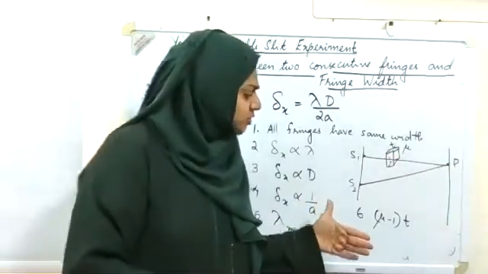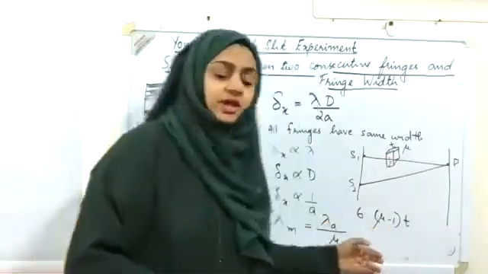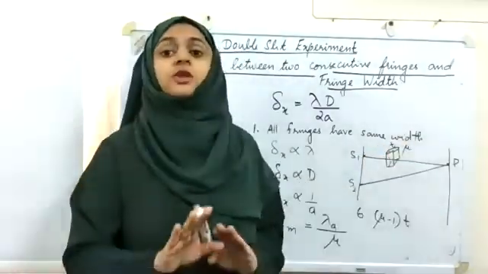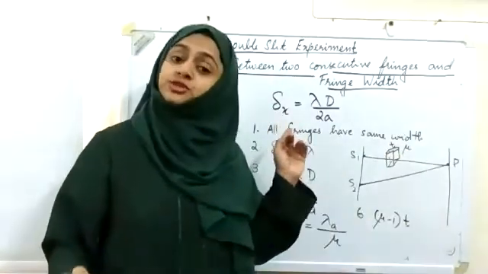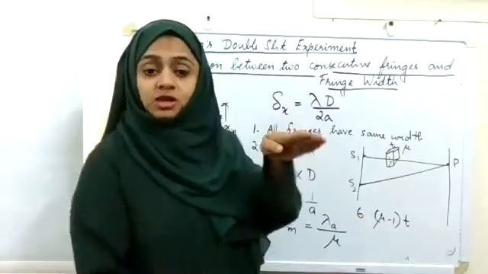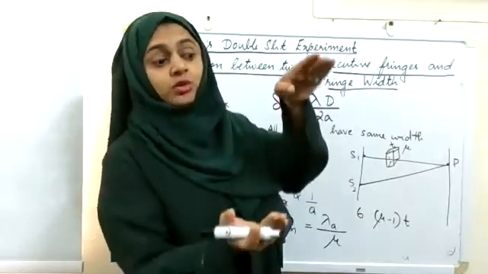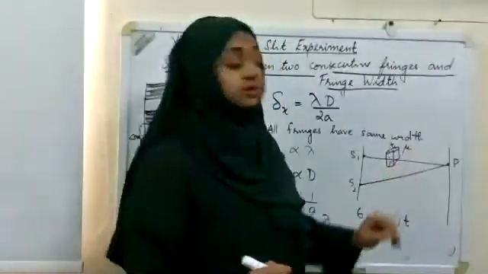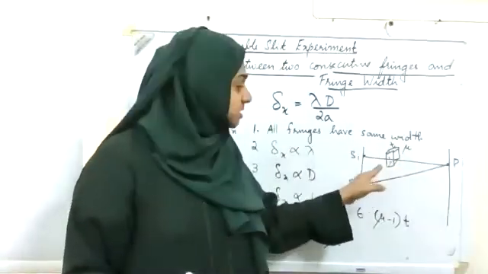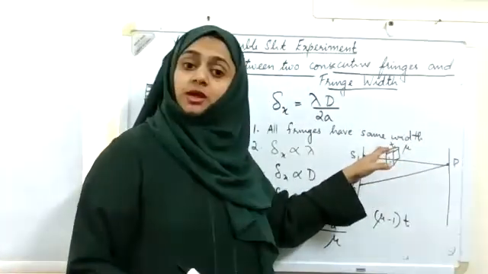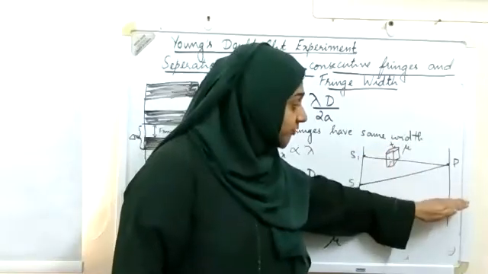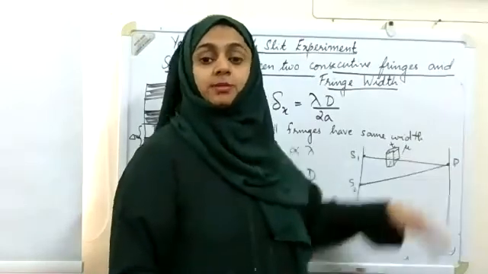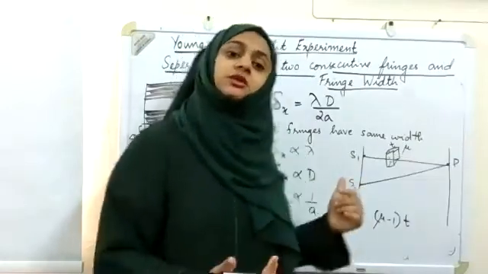You need not go into the mathematical details of that, but you just understand in such a case, there will be no change in the fringe width. But all the fringes together will move towards the side where this plate is kept. In this case, the plate is kept on the ray coming from above or top. So all the fringes will move a small distance up, but there will be no change in the fringe width.